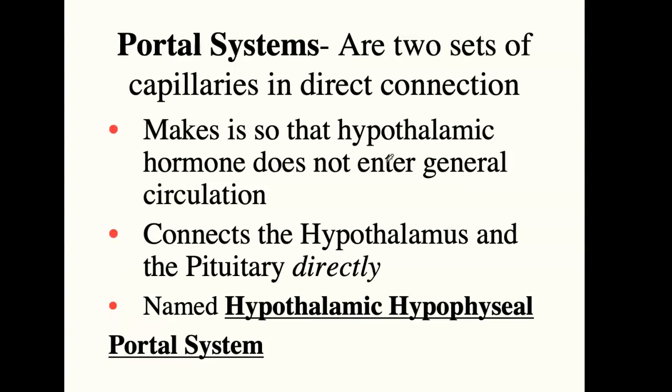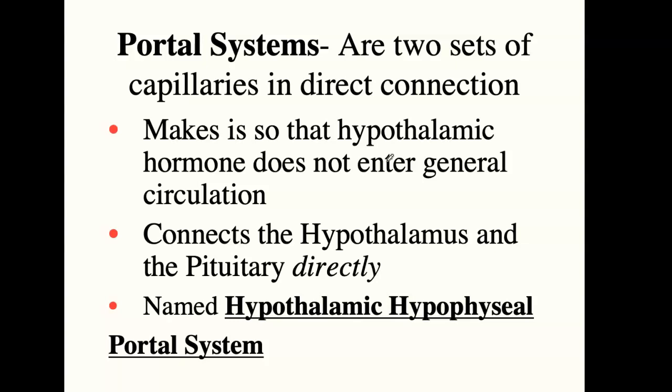Portal systems are important. They are a set of capillaries that forms a direct connection between the hypothalamus and the pituitary. So essentially, it's like their own little network of hoses. And what that is named is the hypothalamic hypophyseal portal system.